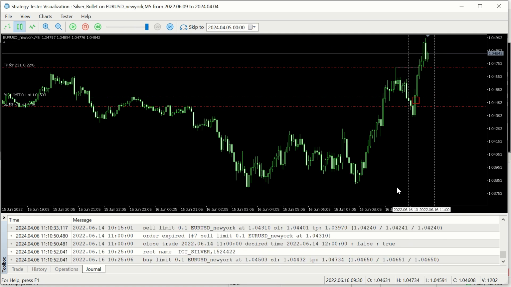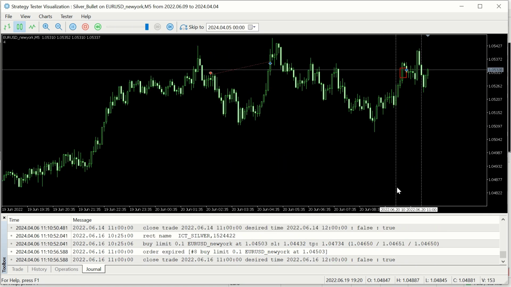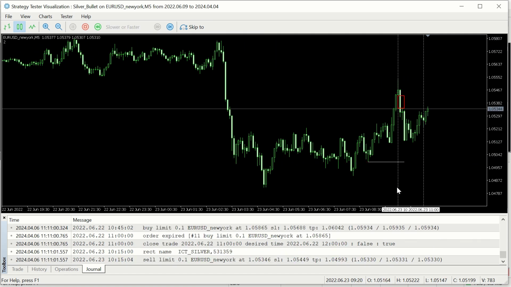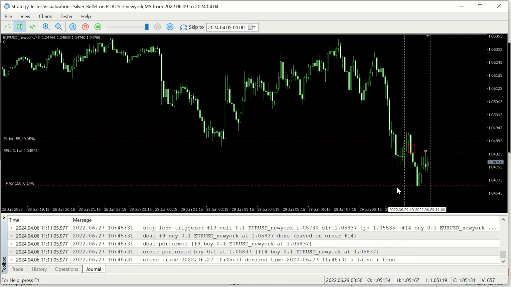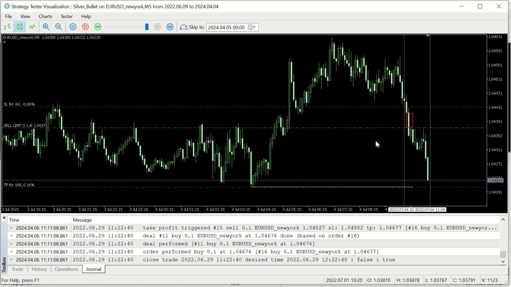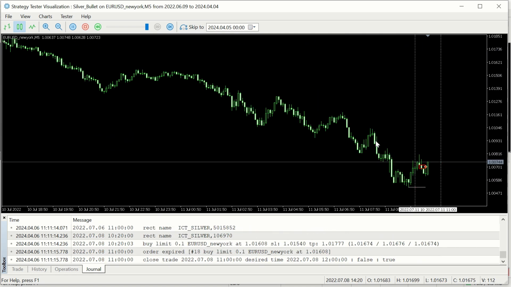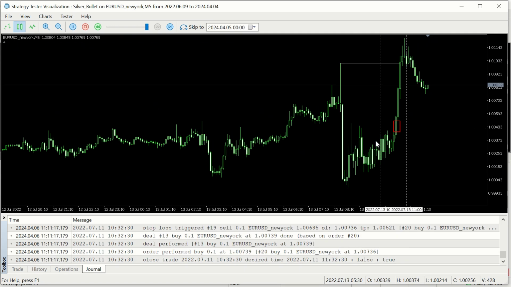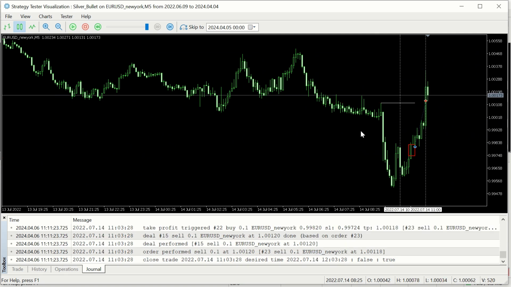And the trade expires after 11 a.m. So this is how the EA works. As you can see, some trades are profitable, some are not. But you get how it works.